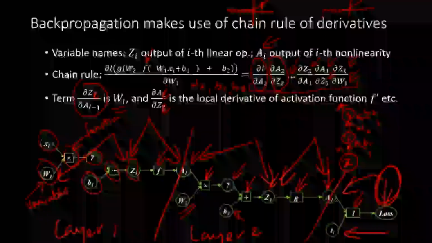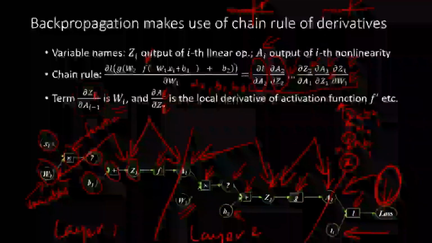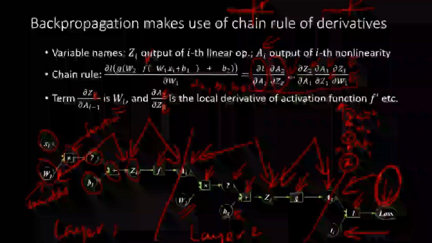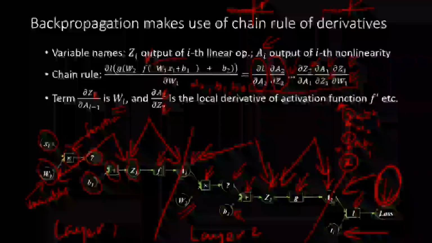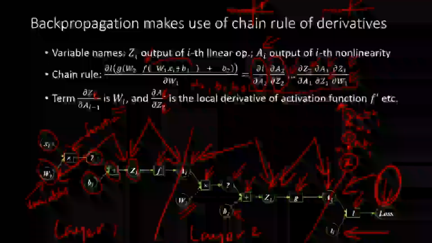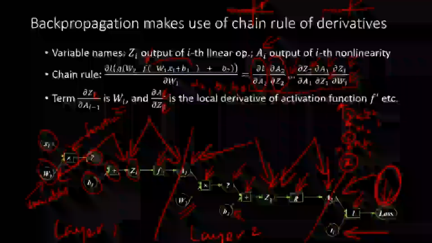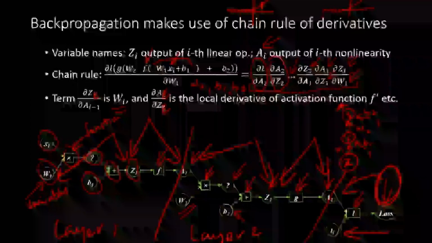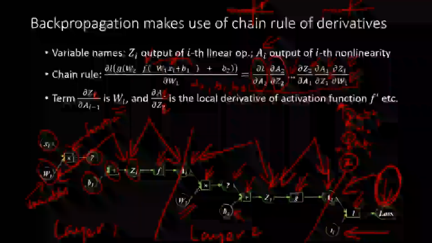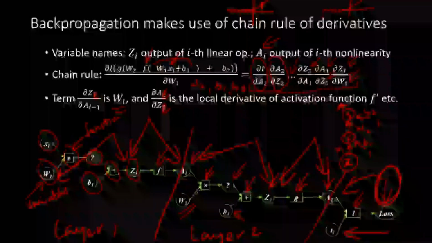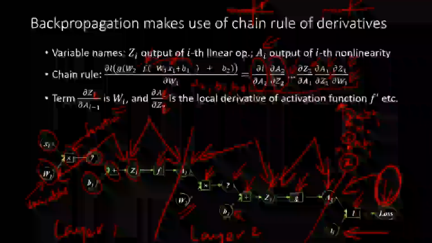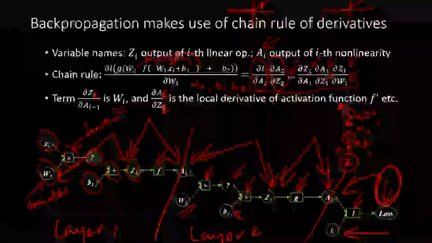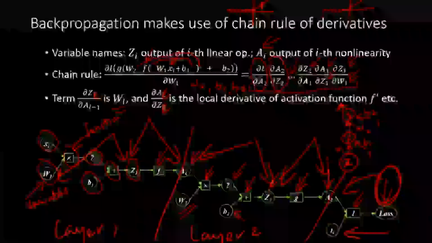Okay. Now where does the first thing come from, where we have del ZL by del AL minus 1 is WL? If you look at this particular expression and you take its derivative with respect to A, what is A? In this particular case it is X, which is the output of the previous layer. Or if you look at something that is outside, then this is going to be A for the next layer, and that is being multiplied with the weight of that layer.